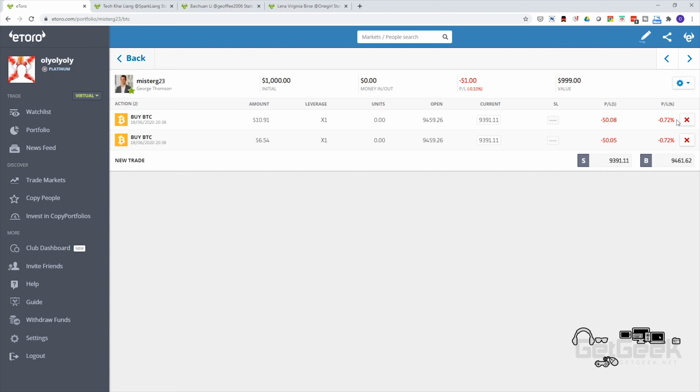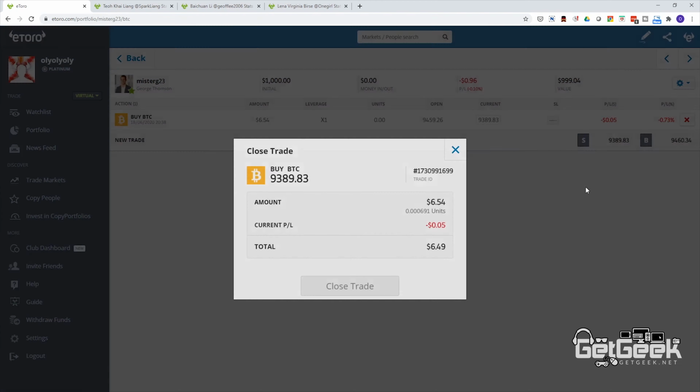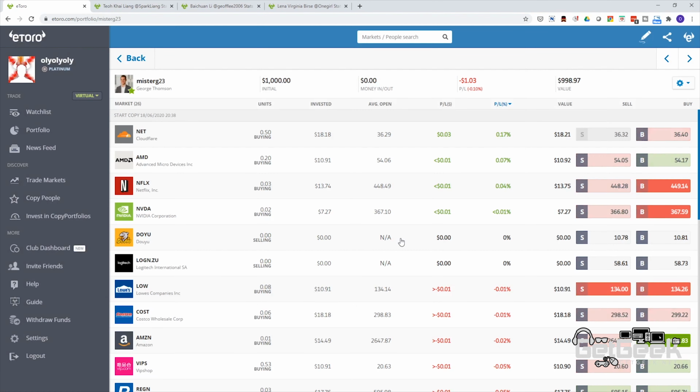So rather than let that trade go in the direction he wants, I can override that and cancel that trade and close it. So at the end of the day, you do have the final decision on trades, but obviously you will only ever see that if you monitor a person's portfolio and keep an eye on what they're buying and selling. So it's recommended to do that every now and then.